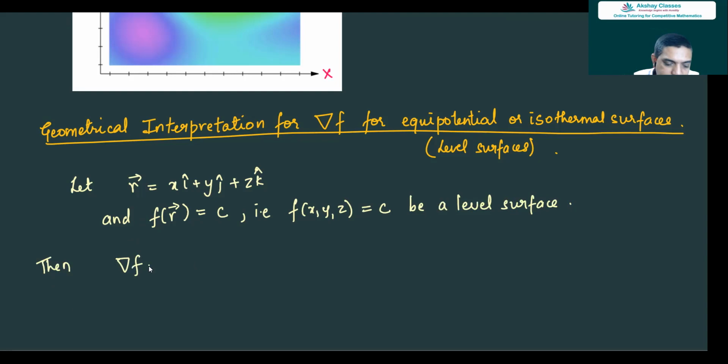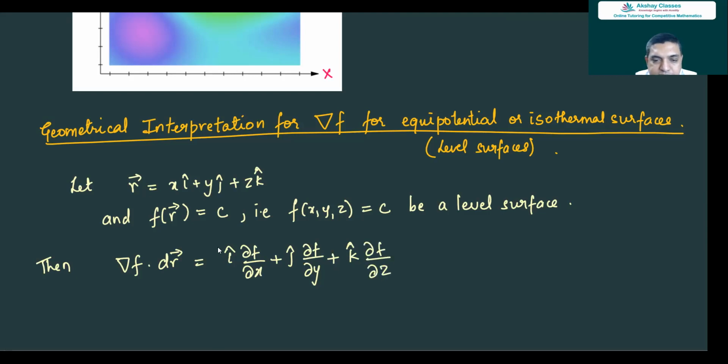Then grad f dot dr. It's a constant, right? So grad f dot dr will be i times dou f by dou x plus j times dou f by dou y plus k times dou f by dou z, dot i dx plus j dy plus k dz.